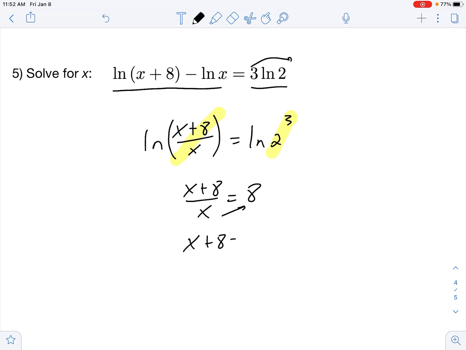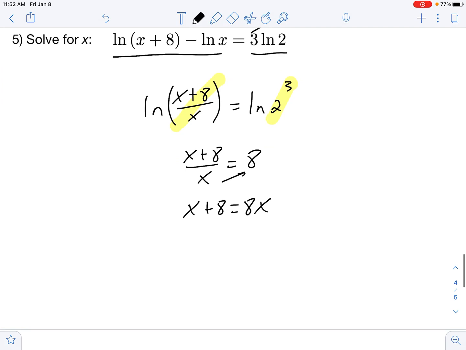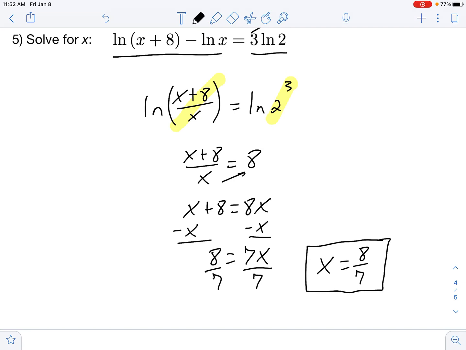So I get x plus 8 is equal to 8x. And then I'm going to go ahead and move this x over, so subtract that. And I get 8 is equal to 7x. And I think you see where this is going. We divide by 7, so I get x is equal to 8 over 7.